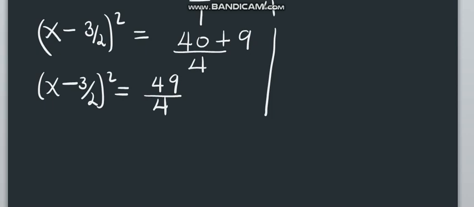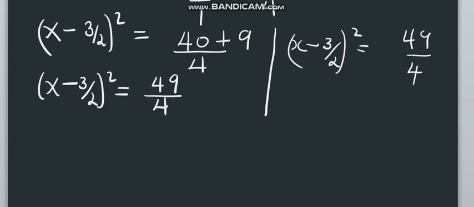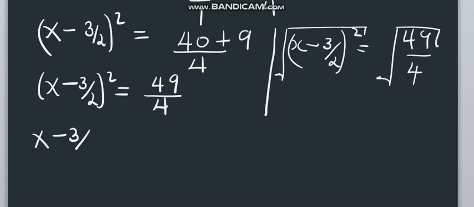So we shall have x minus 3 out of 2 squared will be equal to 49 out of 4. And remember, we said that we are going to take square roots on both the sides. And if we take the square roots, we shall have x minus 3 out of 2.